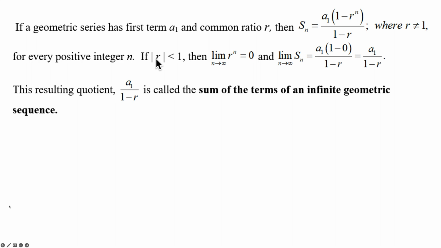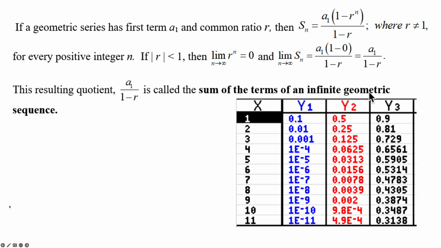Now, if the absolute value of r, so we're just looking at the positive, it works for negatives too, and I'll show you that, is less than 1, then the limit of your fractional r, somewhere between 0 and 1, raised to the nth power, as n goes to infinity, that number is approaching 0. We already showed you that. That's like that horizontal asymptote rule. Well, if that r to the n power is going to 0, then 1 minus 0 is 1, and we now have a sub 1 over 1 minus r. So this is the sum of the terms of an infinite geometric sequence.